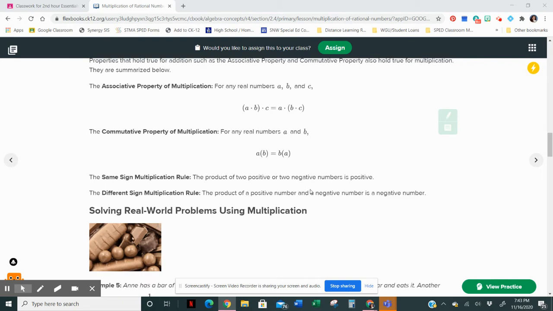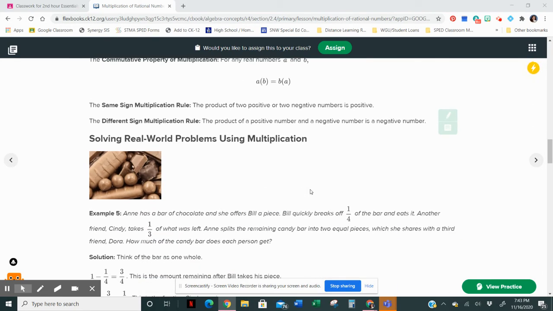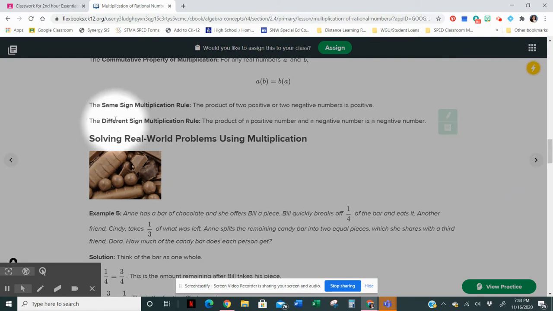Now with multiplication, there is the same sign multiplication rule. So let's take a closer look at that. The same sign multiplication rule says the product of two positive or two negative numbers is positive.